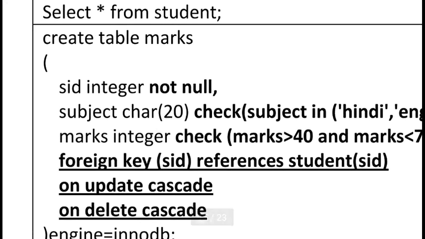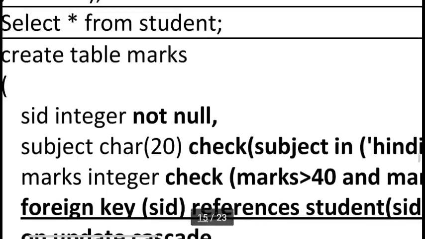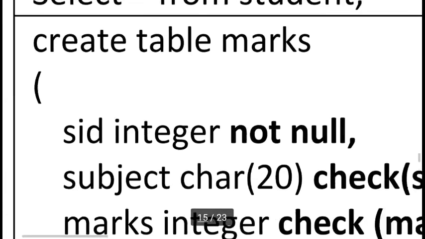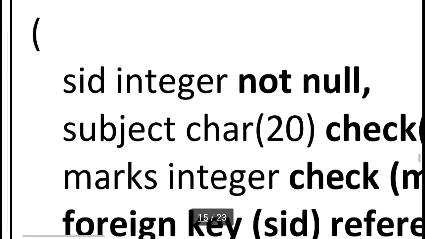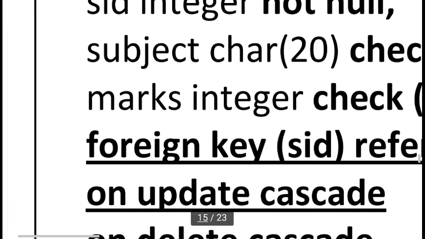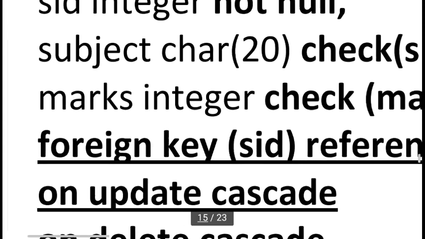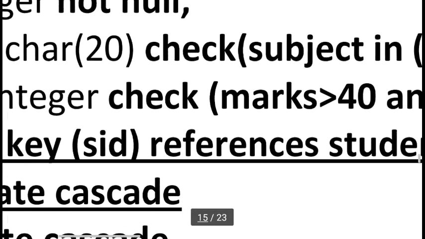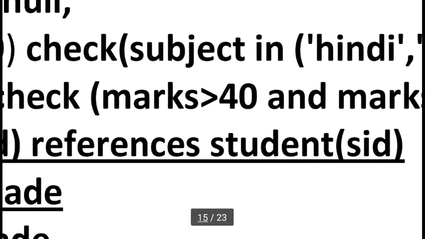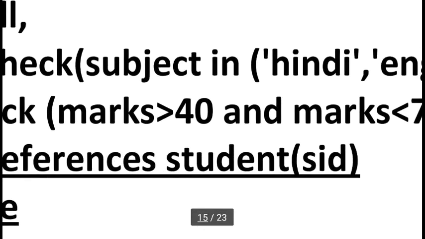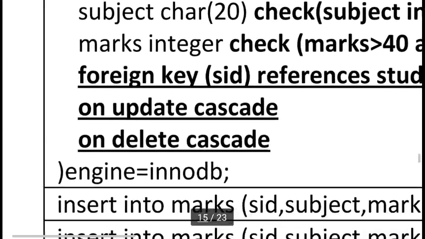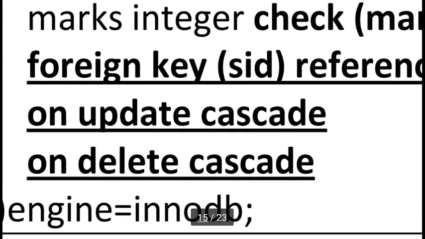And here I want to make SID a foreign key. So I am using FOREIGN KEY on the SID column, but this SID completely depends on the student table, so SID REFERENCES student(SID). Here we can also use two rules: ON UPDATE CASCADE.